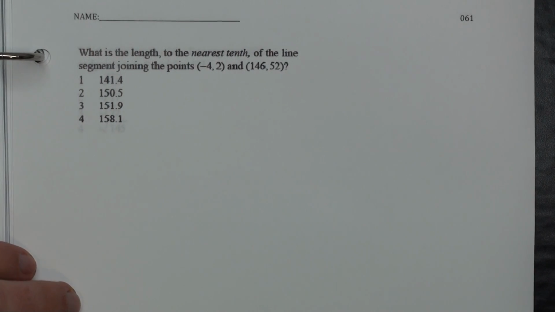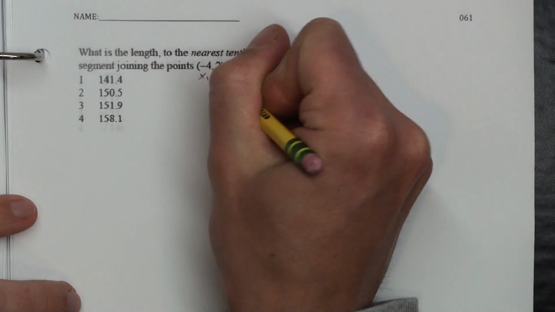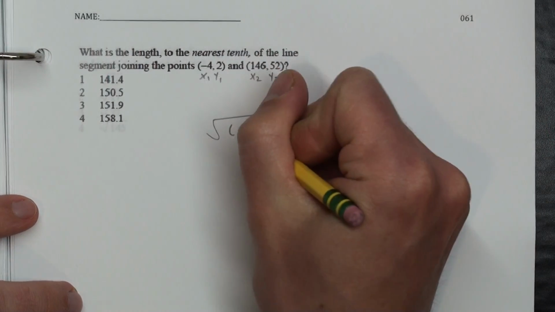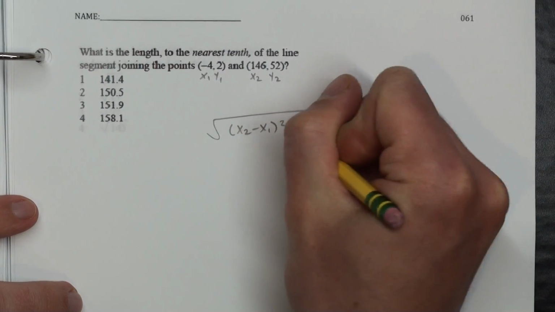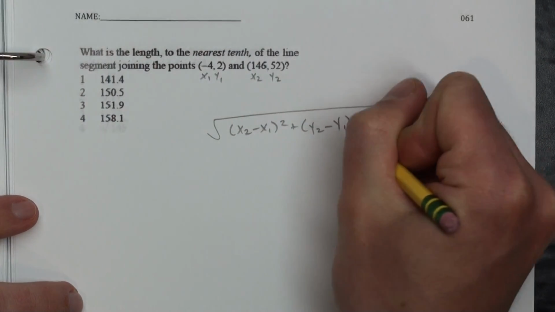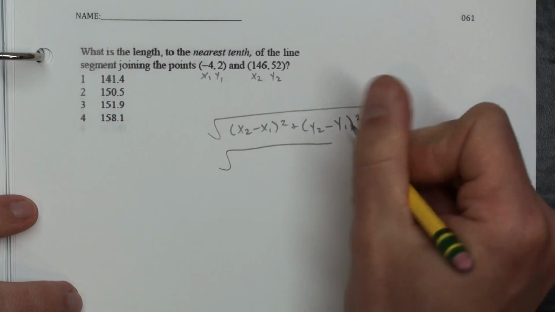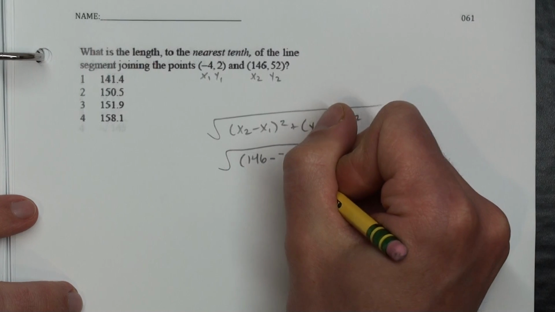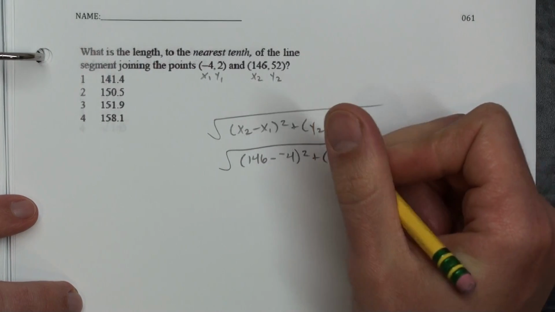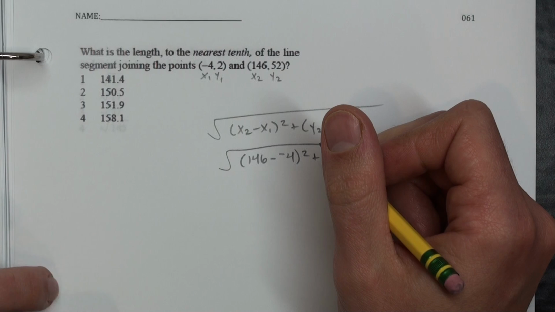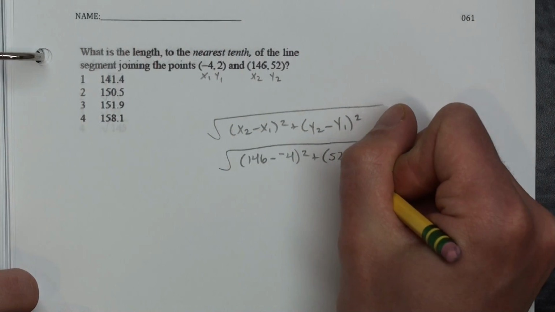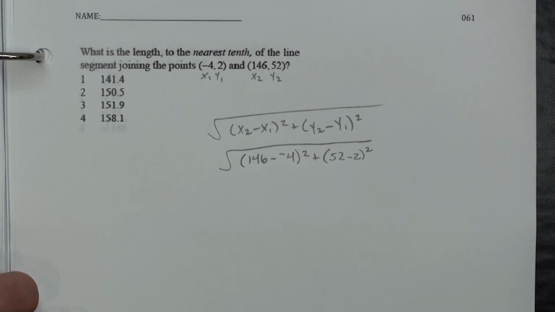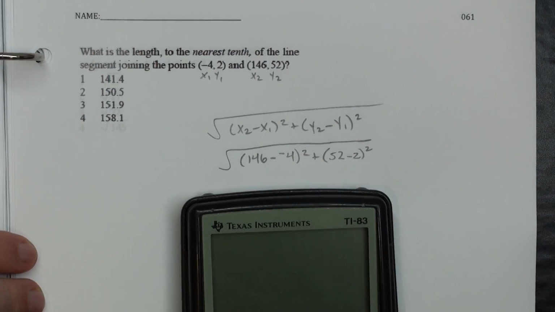61. x1, y1, x2, y2. x2 minus x1 squared plus y2 minus y1 squared. 146 minus negative 4 squared plus 52 minus 2 squared. And they want it to the nearest tenth, so I'm just going to plug that in directly.